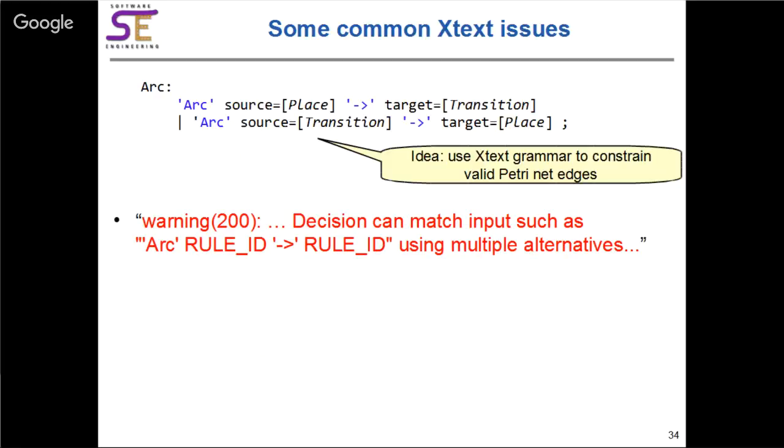However, you will then see an exception like this: Decision can match input such as arc, rule ID, arrow, rule ID using multiple alternatives. What does that mean?